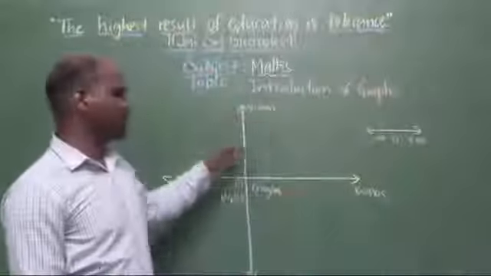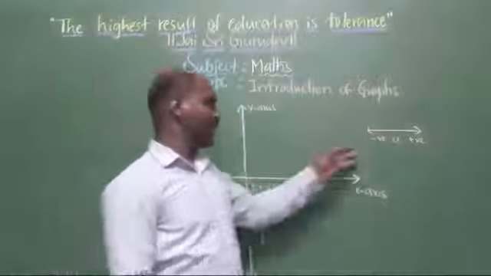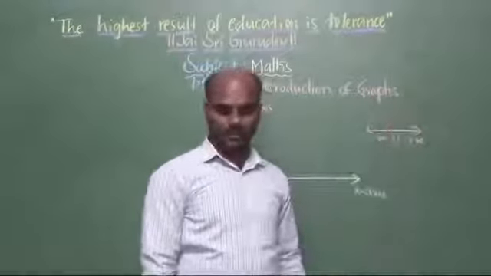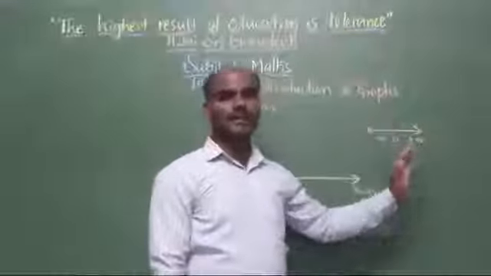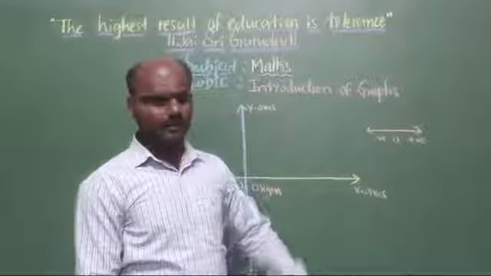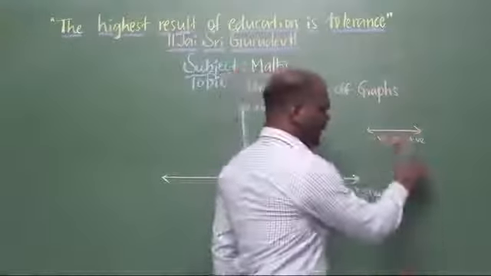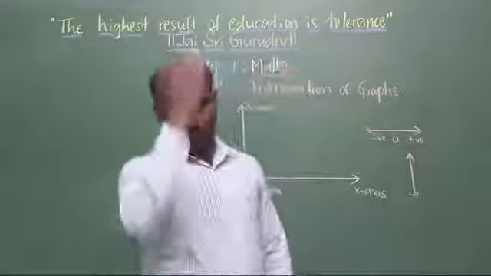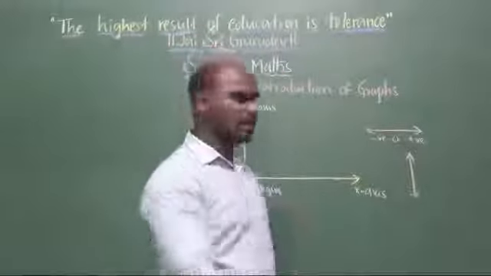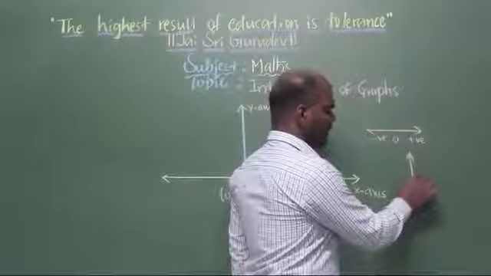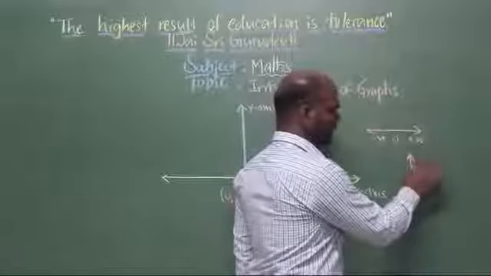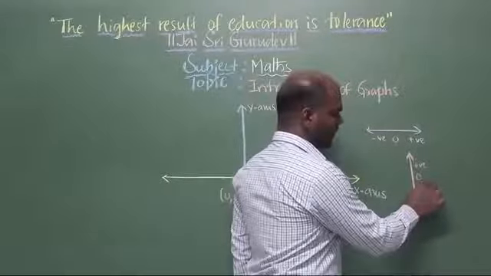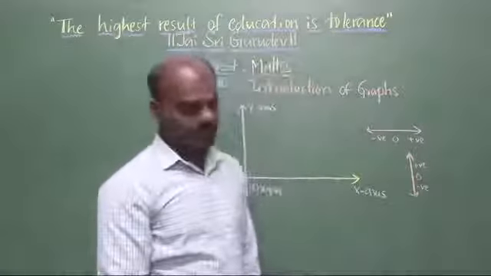Both intersect at the origin place only, at the 0 place only. Similarly, on the vertical line, the middle will be 0, the upper side will be positive and the down side will be negative. Yes or no, children?